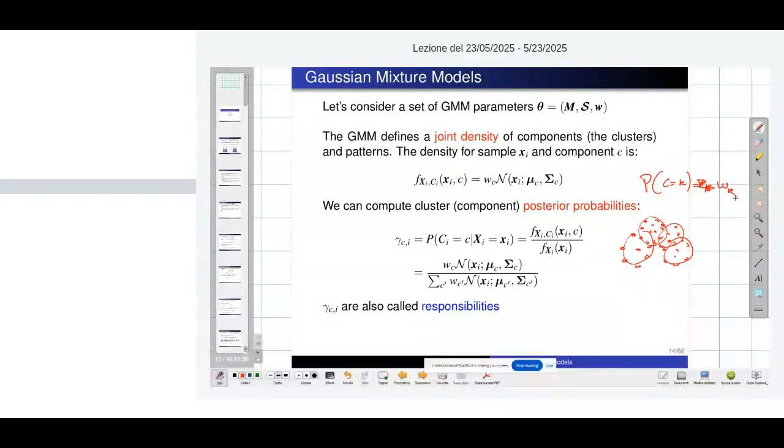So essentially, to create the dataset, if I have n samples, I run this procedure n times. For each sample, I select randomly the cluster and then create a sample from the corresponding Gaussian. Once I look at all the samples together, of course, I just see this.